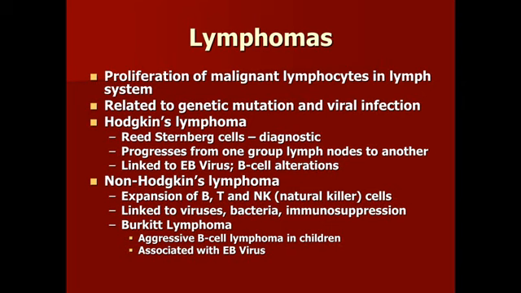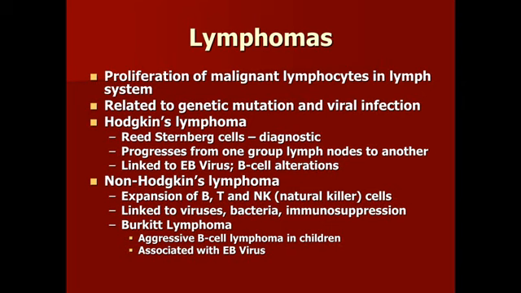When we look at a Hodgkin's lymphoma, the diagnostic cell that we're looking for is the Reed-Sternberg cell. So basically this Reed-Sternberg cell is a transformed lymphocyte. And this actually manifests itself initially as painless enlarged lymph nodes.